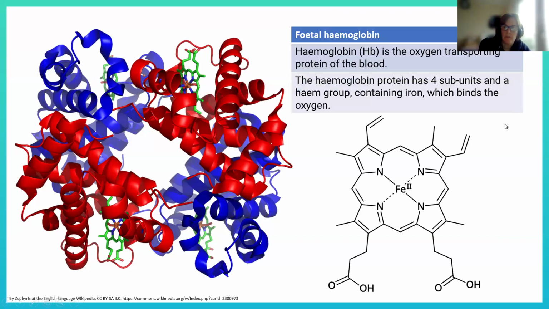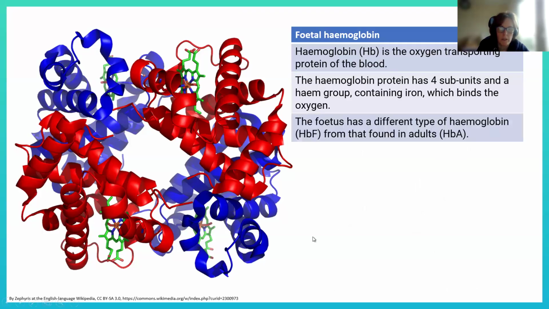Now, it has 4 subunits, and they're handily coloured in different colours on this diagram. So you can see it's got 2 blue ones, 2 red ones. We won't worry about the names. It's got 4 subunits and a heme group containing iron in the middle. Fe is the symbol for iron, and it binds to oxygen.